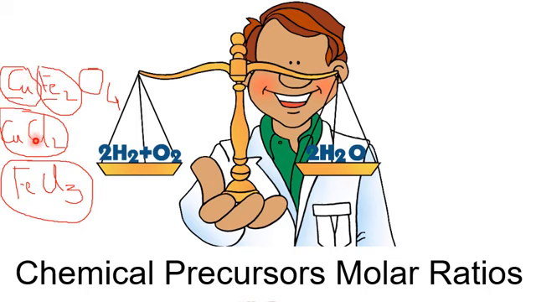However, if we are going to prepare 0.1 and 0.2 molar solutions of copper and iron, we need 100 ml and 100 ml of the water solution.